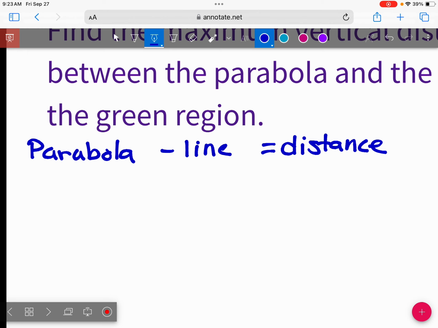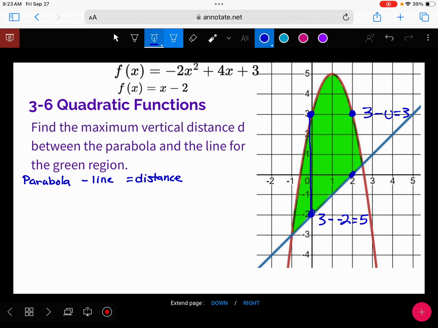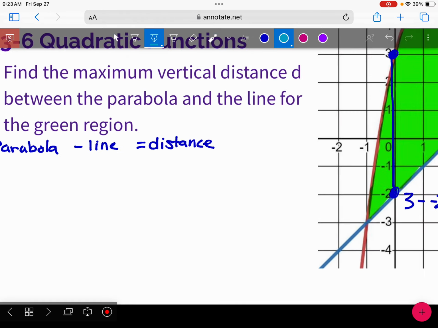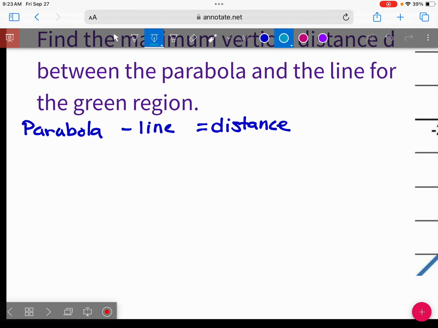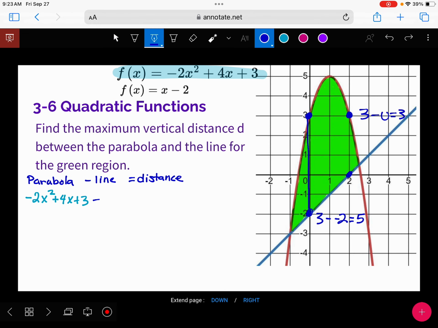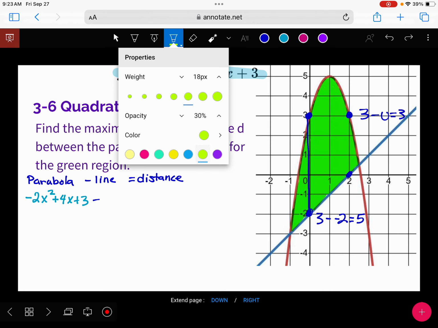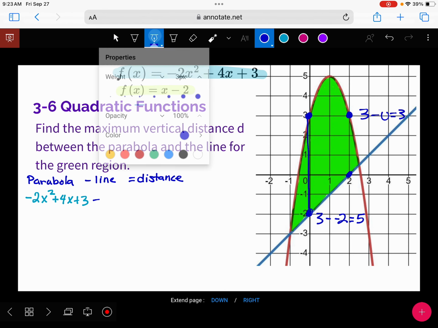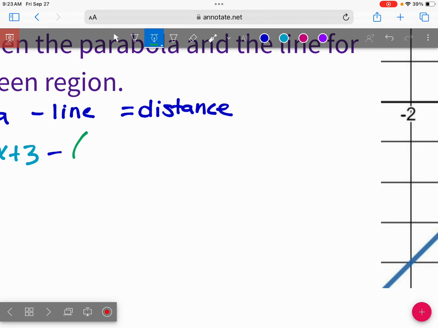So I have the equation for my parabola. My parabola is this guy because it's got the x squared. So we're going to take our negative 2x squared plus 4x plus 3, and we want to subtract our line. Our line is this equation, so we're going to subtract our x minus 2.